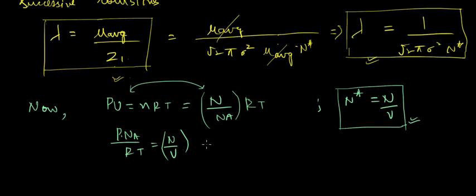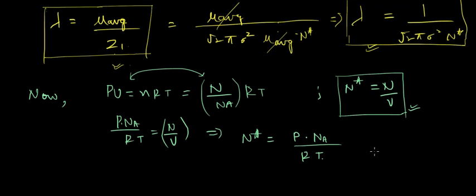Substituting the n by V value in n star, n star would be nothing but P into N A by RT. And R upon N A is the Boltzmann constant, which we saw, so this implies n star would be P upon kT.